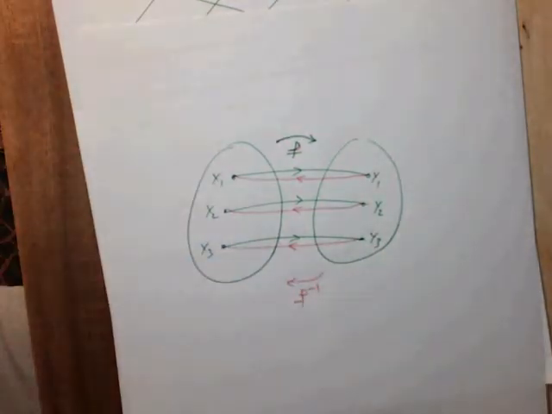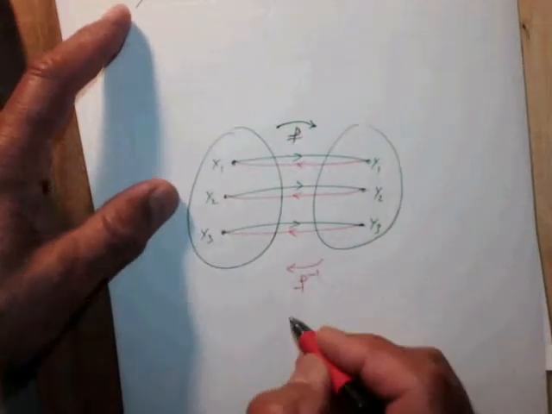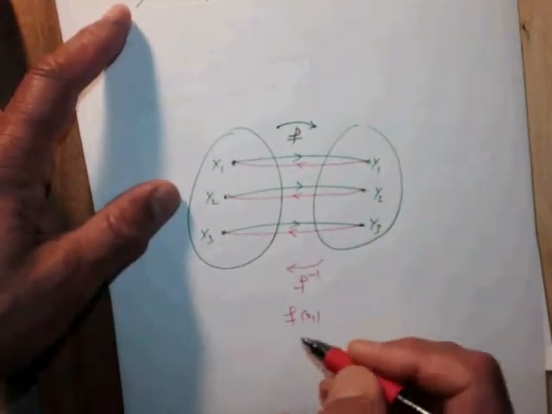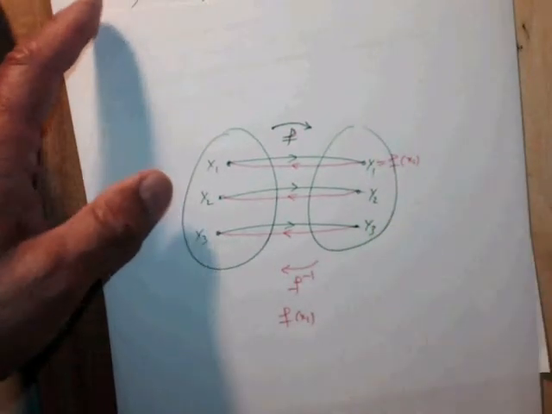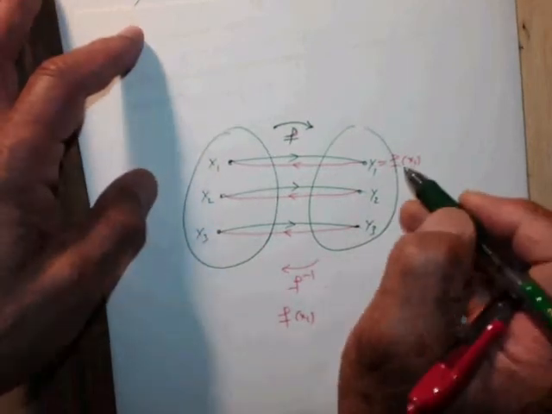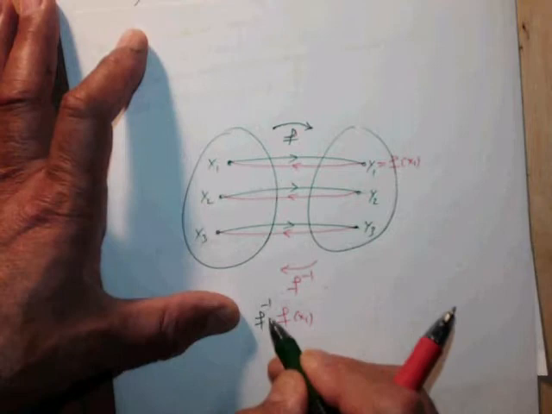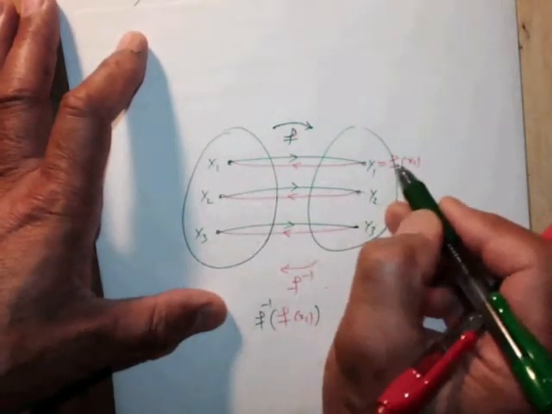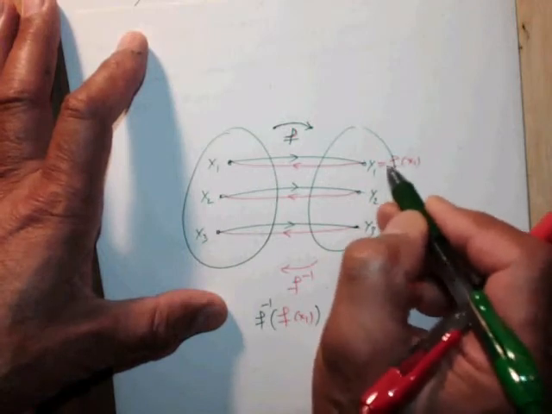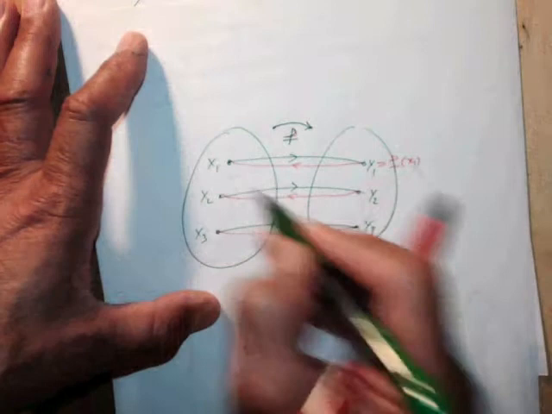What does that mean? That means that if I start with x1, I get f of x1 right there. And then if I apply f inverse to this guy, y1, that means applying f inverse to f of x1, you go back to x1.